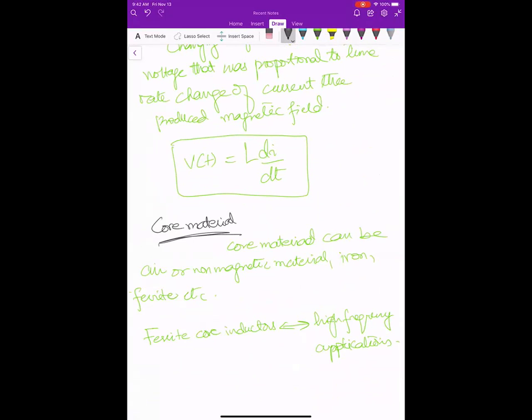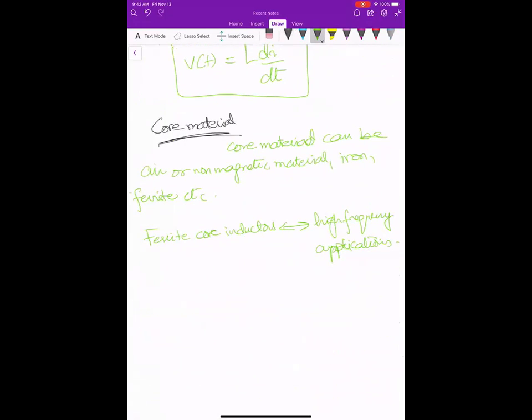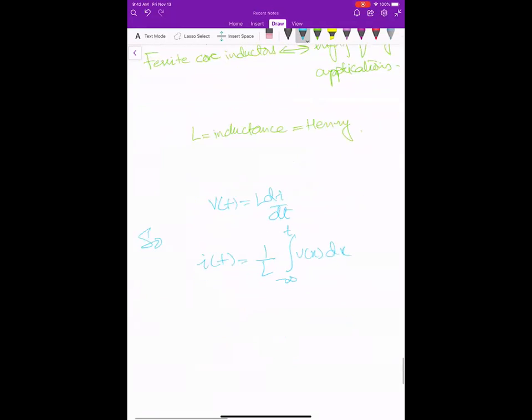So we have defined the voltage and current relationship in the inductor. In an inductor, we say L is the inductance, which is defined in Henry. Now we know that V of t is L di by dt. So I of t will be 1 over L integral from minus infinity to t of V of x dx.